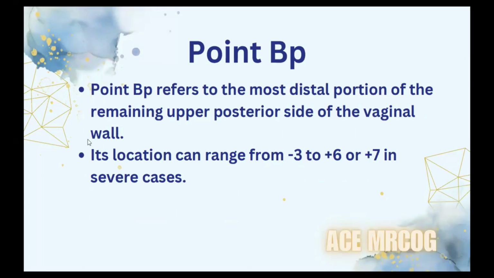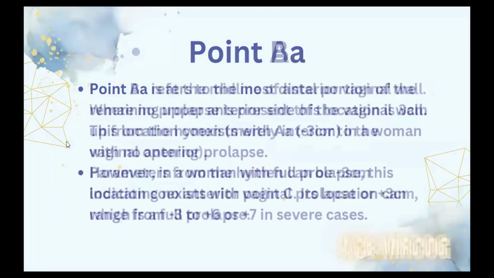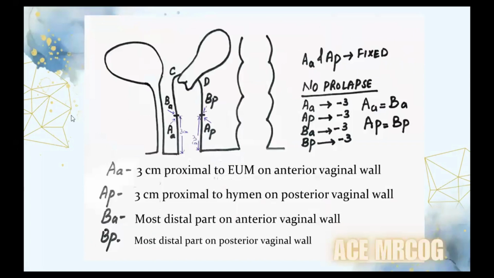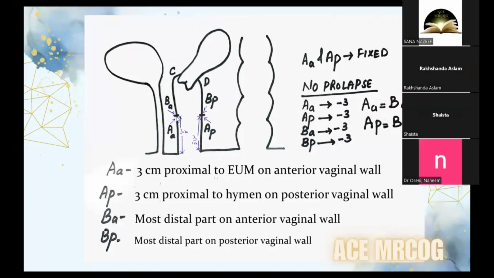Yes, Chido. Basically, what I meant by remaining was, after the first 3 centimeters, the point comes AA. So you can say that this is the first portion of the vagina. If we divide the anterior vaginal wall into two parts, this is one part and this is the second part.